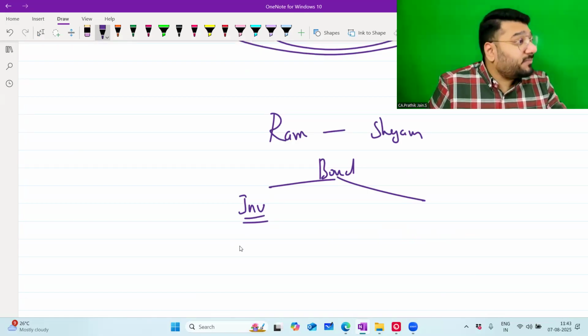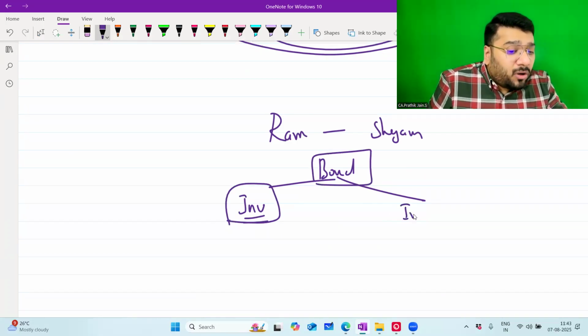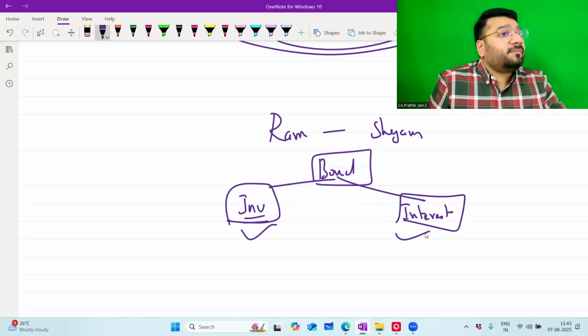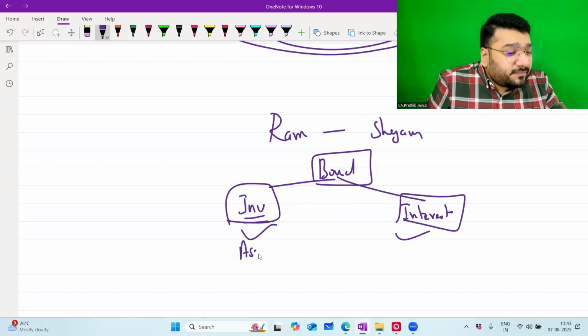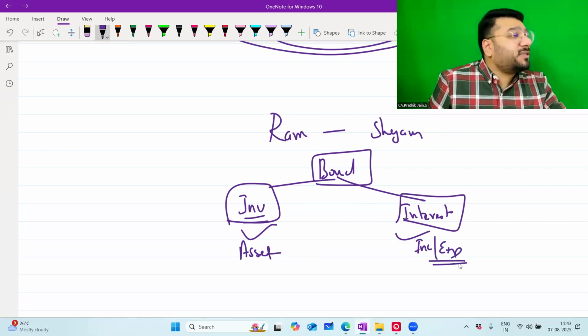Second component is interest. Both are separate. Investment is an asset. Interest is either income or expense. So two components are there.